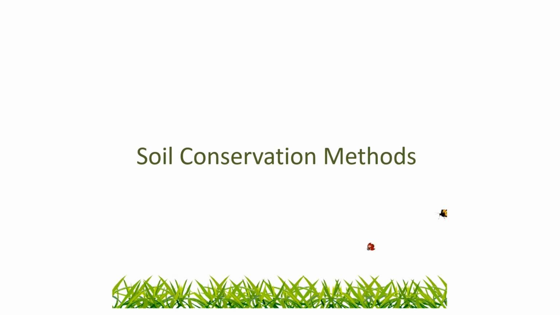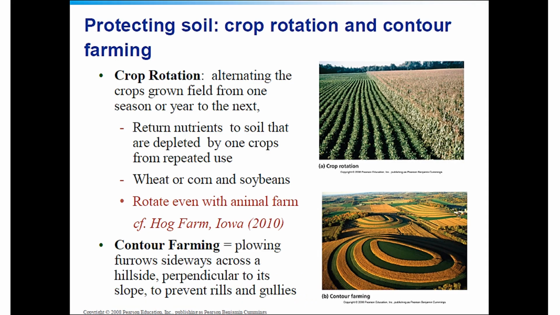So what are these soil conservation methods? First, we've already discussed this in the video I showed you earlier. We have crop rotation. Crop rotation is alternating the crops grown on the field from one season or year to the next. It returns nutrients to the soil that are depleted by one crop from repeated use.